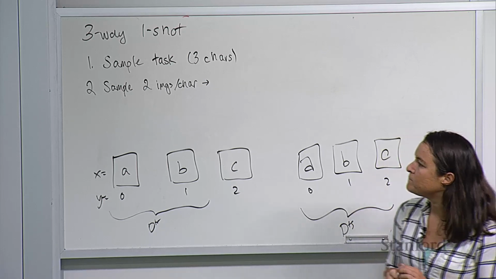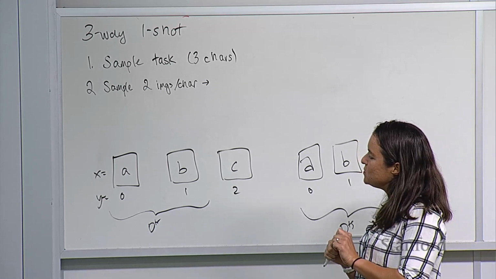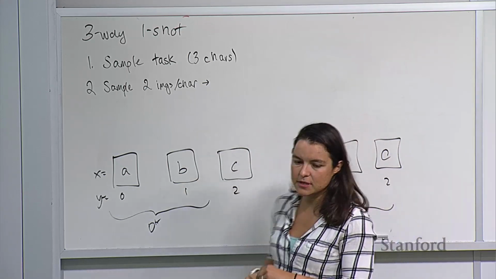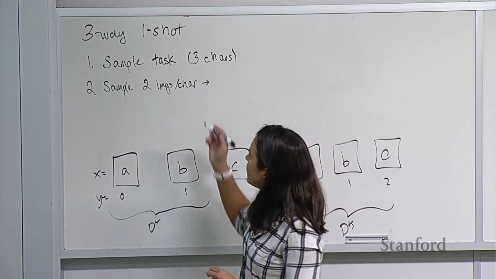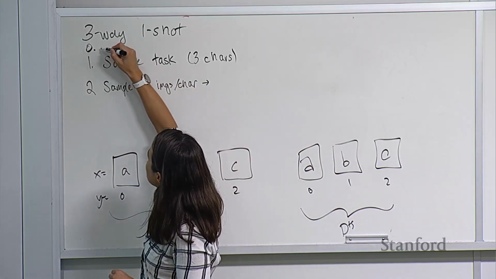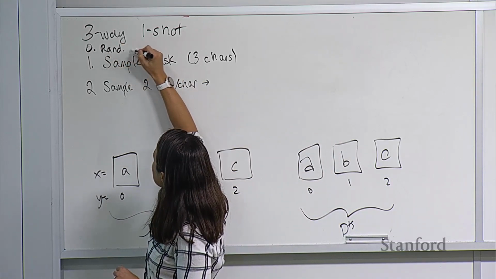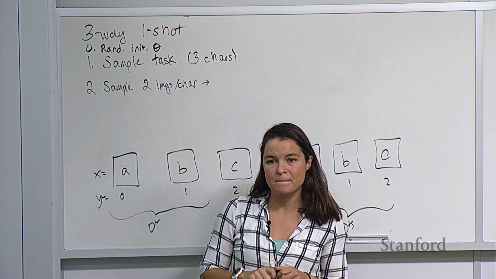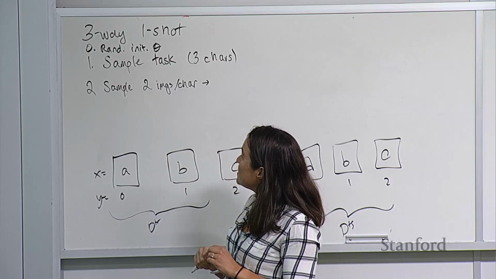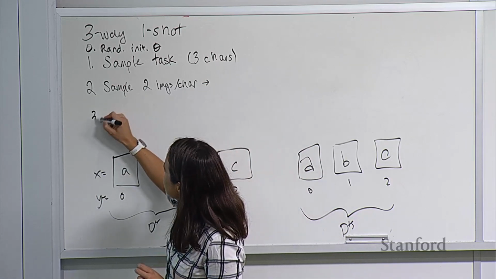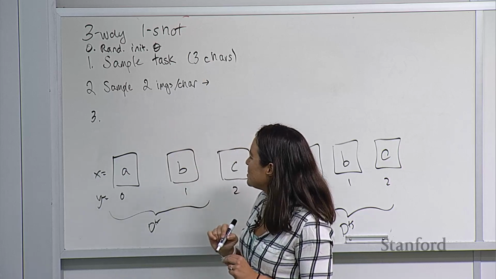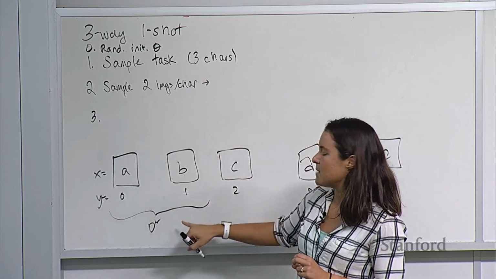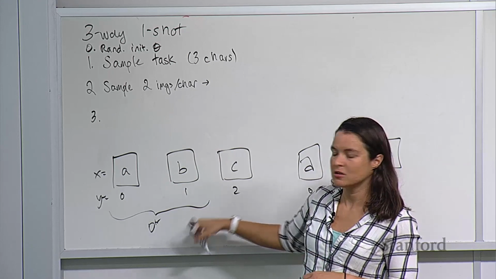Before, what we did is we just passed the training data set through a neural network. Instead, what we're going to do is, there'll be a step 0 here, which is to randomly initialize our meta parameters theta. And then step 3 is going to take one gradient descent step on our training data set.